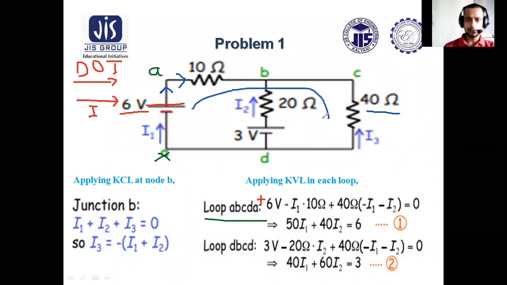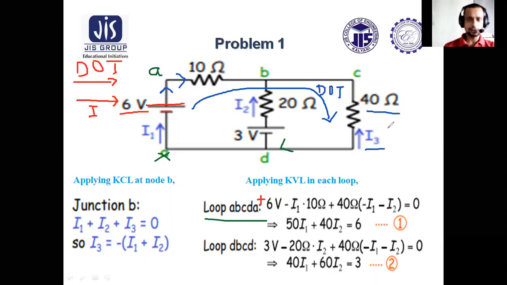So along this 40 ohm, the direction of travel is from C to D. See, this is the direction of travel. And direction of current through 40 ohm is from D to C as shown by I3. So here direction of travel and direction of current are in opposite direction for 40 ohm.